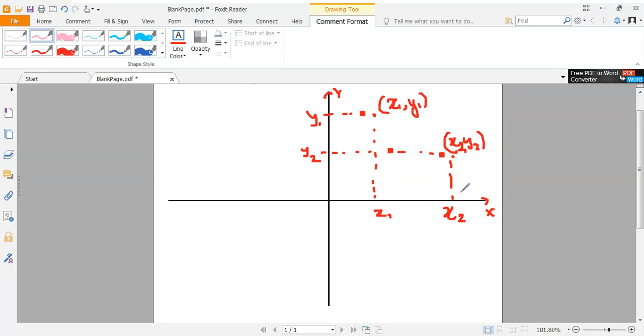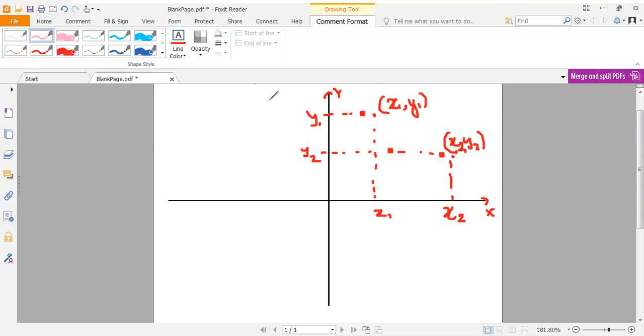This distance is x2 and this distance is y2, so it goes x2 units to the right and y2 units up. Similarly, this point goes x1 units to the right and y1 units up. We do know that the right direction is positive in terms of the x-axis, and the up direction is also positive in terms of the y-axis. So this is the coordinate system that we are well aware of.